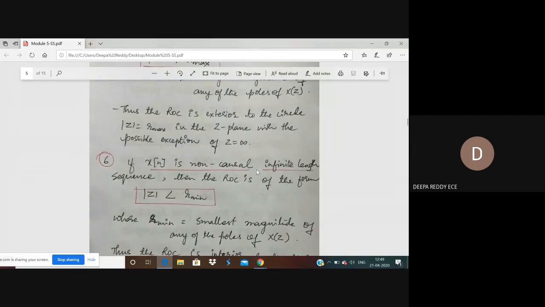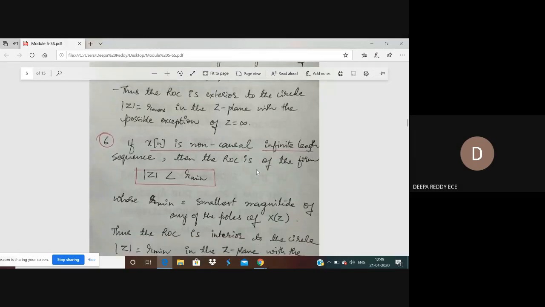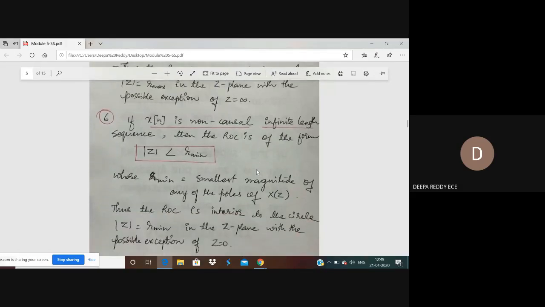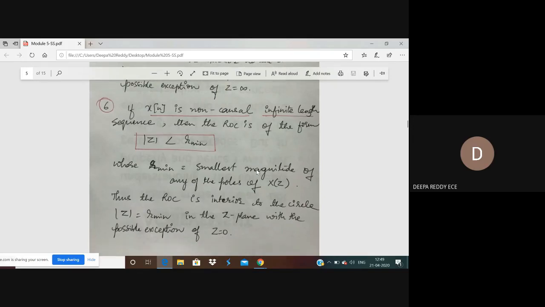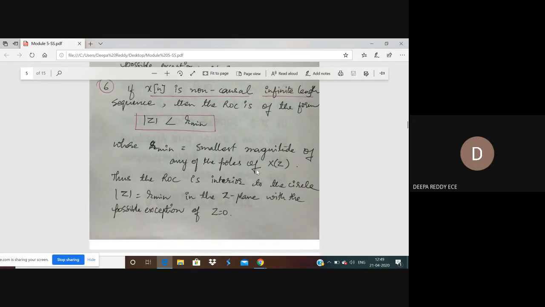It will be interior to the circle, that is mod Z is equal to R min in the Z plane with possible exception of Z is equal to 0. So if you remember one case, the other case is just the opposite. One is causal infinite duration, the other one is non-causal infinite duration. Then one will be exterior to the circle, one will be interior to the circle.